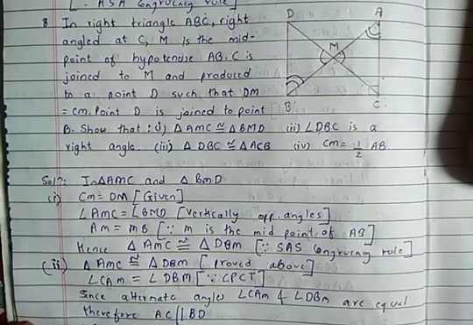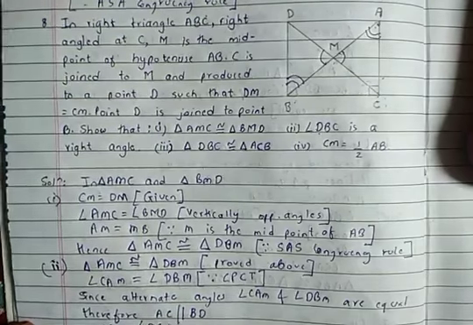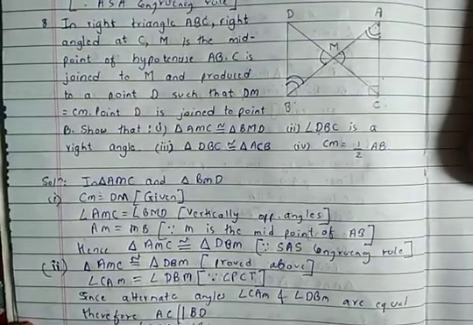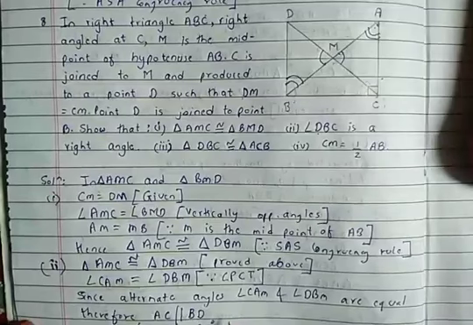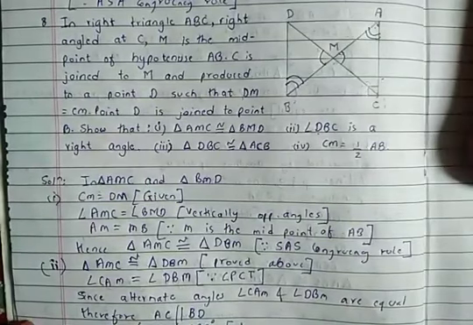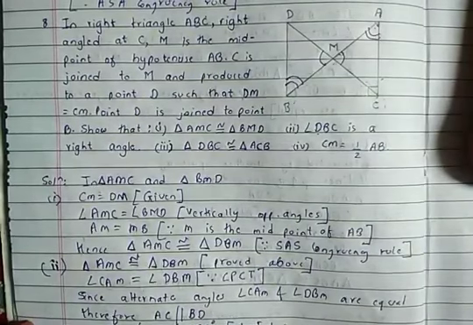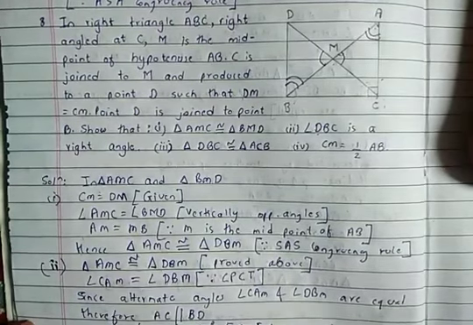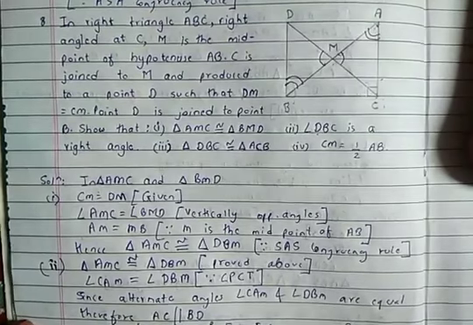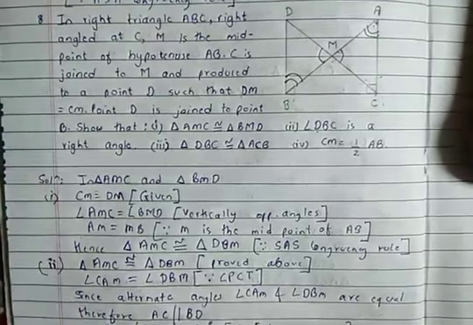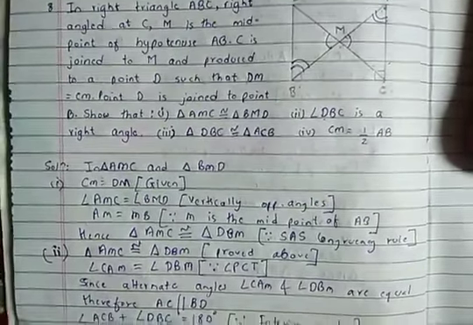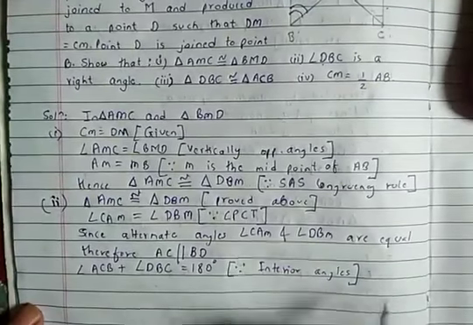Now, angle ACB plus angle DBC equal to 180 degrees because they are interior angles. So their sum will be equal to 180 degrees. Okay.